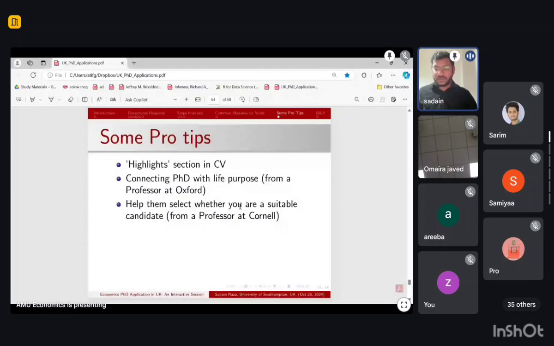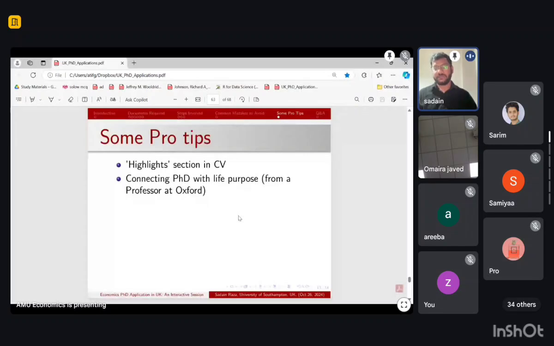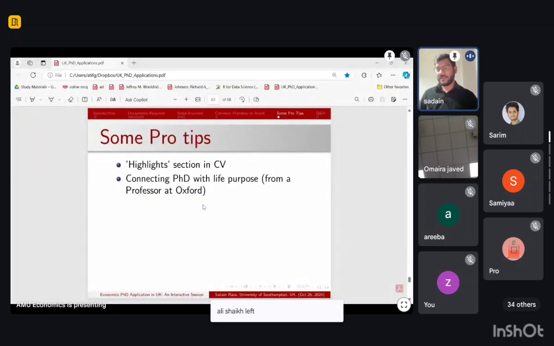That doing research is what I want to do in my life, why I want to do it, and how it is connected with the overall perspective of my life. If you can do that, it will be a very good PhD application.